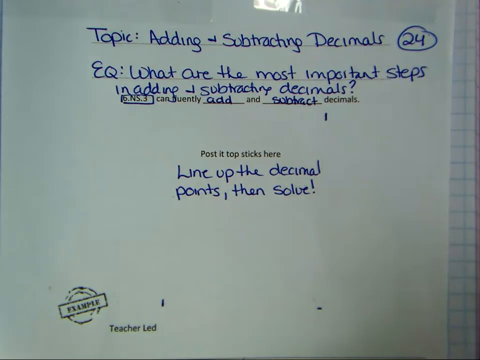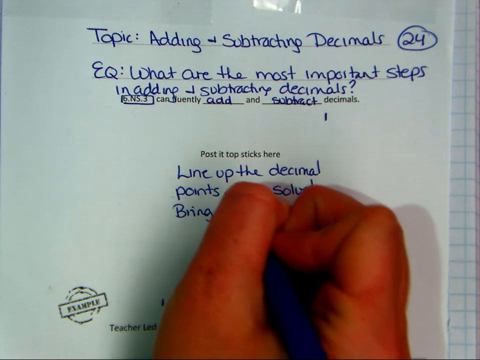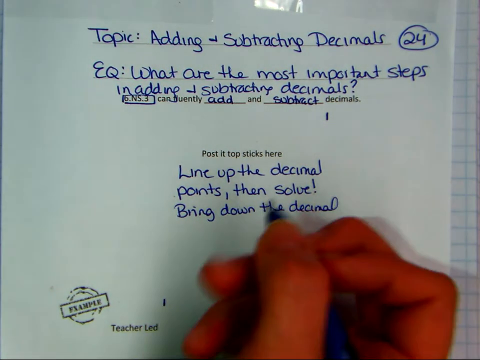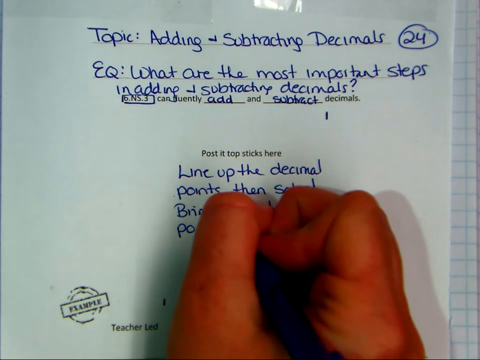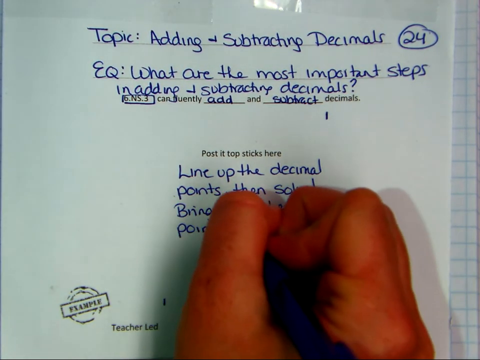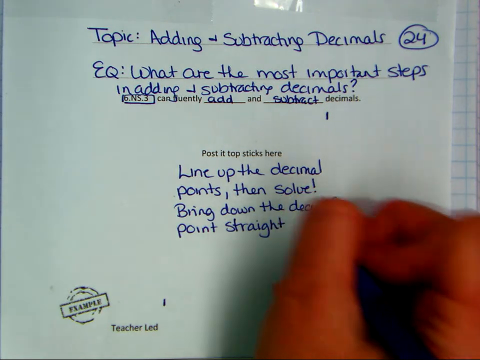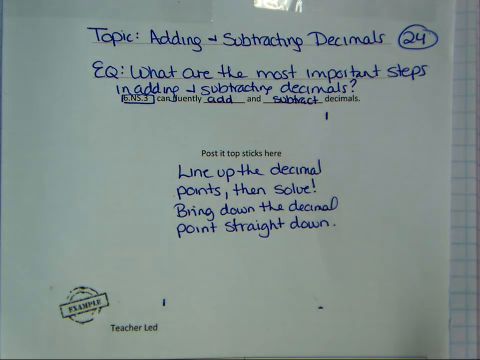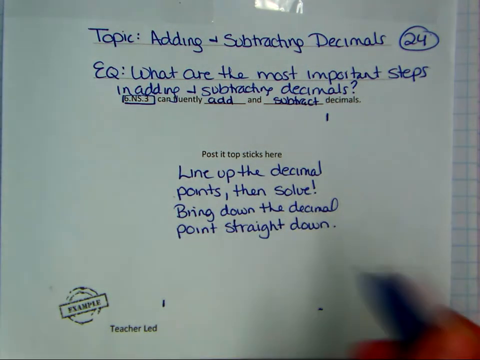Once I've done that, I'm going to bring down the decimal point, and I'm going to bring that decimal point straight down. Now remember, I've lined up my decimal point, so now it just goes straight down and it's all done. So line up the decimal points, then solve, whether it's addition or subtraction, bring the decimal point straight down, and you're done.